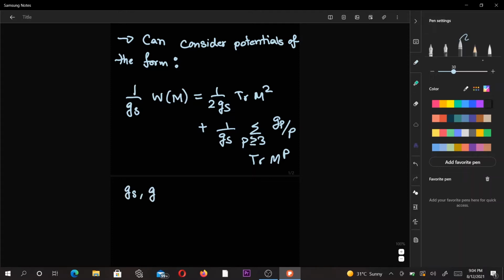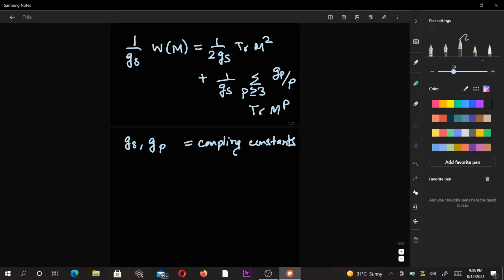For example, GS and GP are our coupling constants. Previously we had the coupling constants in the numerator, for example, if we were considering tetravalent vertices.